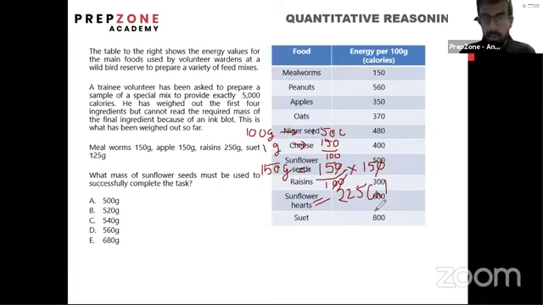So if you do 1.5 times the calories, 350, like we did with 150 for mealworm, which gave 225, apple will come up to 525 calories.